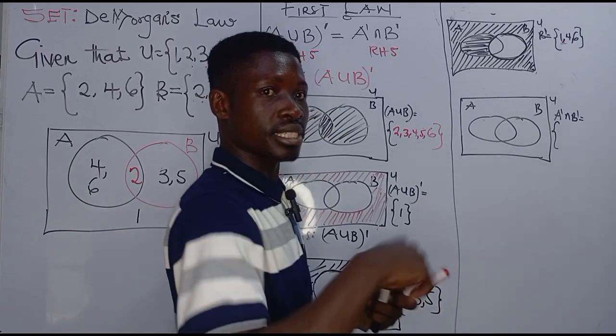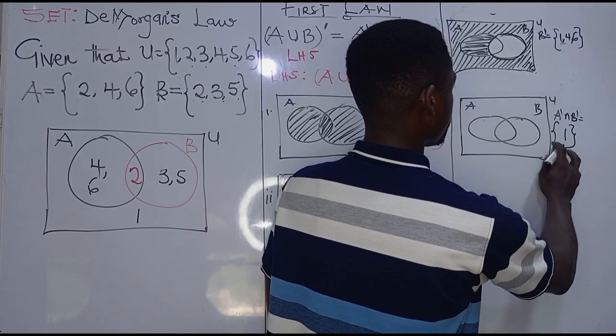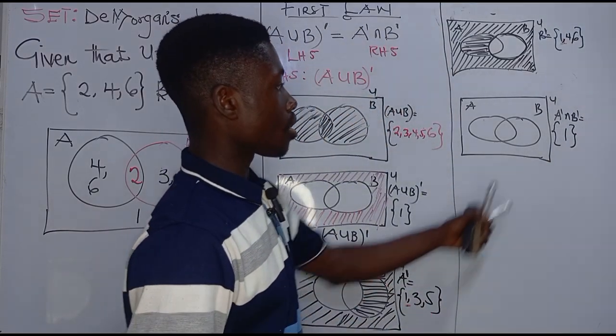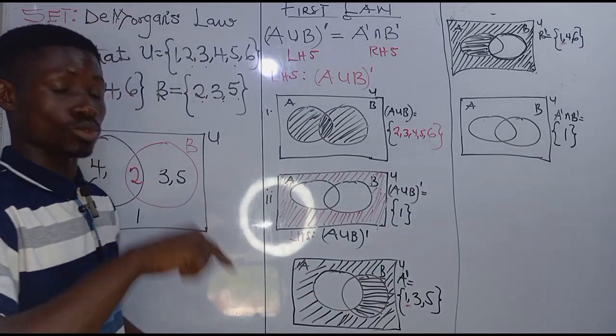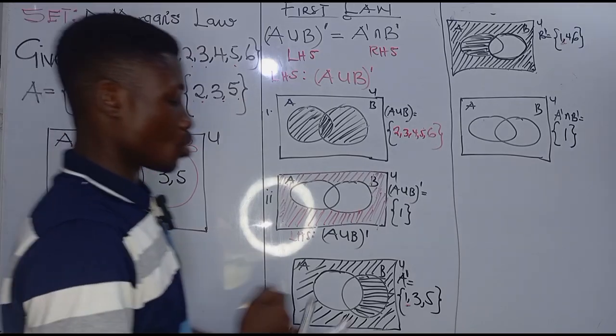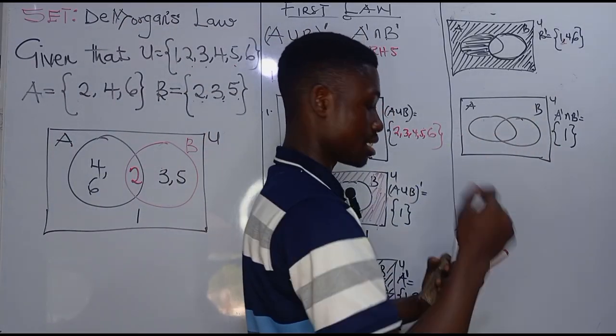So A complement intersection B complement, we have only 1. Good. So it means we are going to shade the region that contains the element 1 with regards to this Venn diagram. So 1 represents all those regions outside the 2 circles.